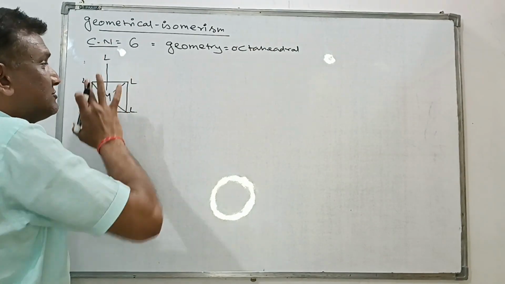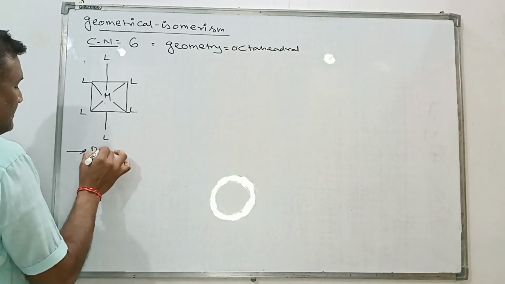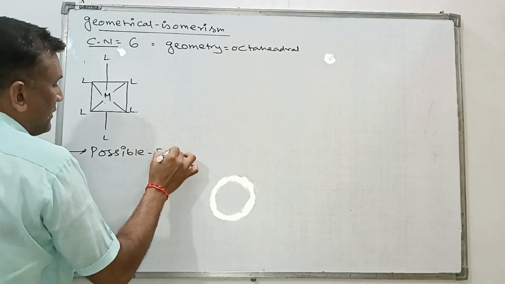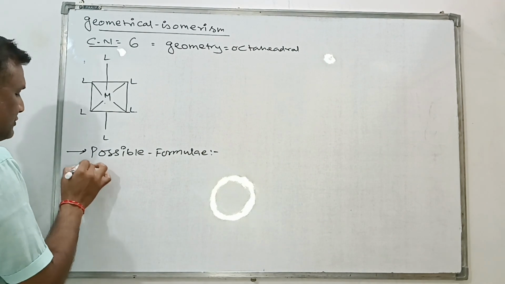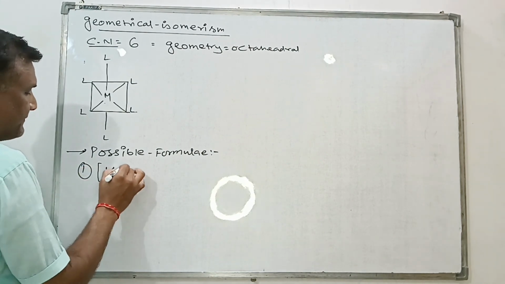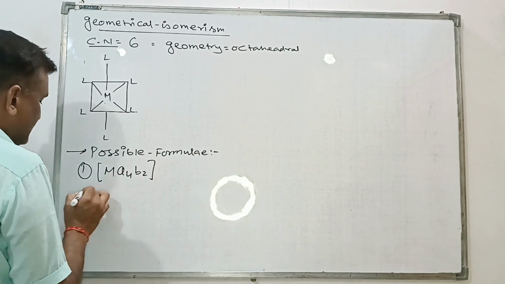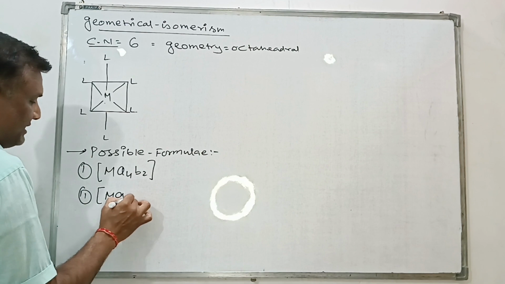Regarding coordination number 6, we can take a lot of possible formulae. What are they? First is MA4B2. Second possible formula is MA3B3.